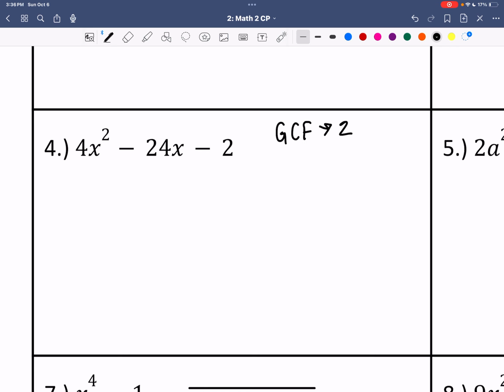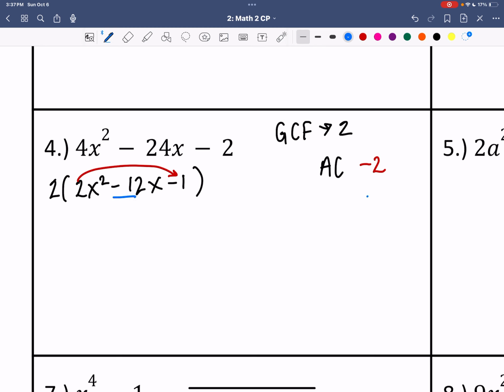So I'm going to factor 2 out of everything. All right, now that you've got that, now let's look at AC. It's -2. And then B is -12.